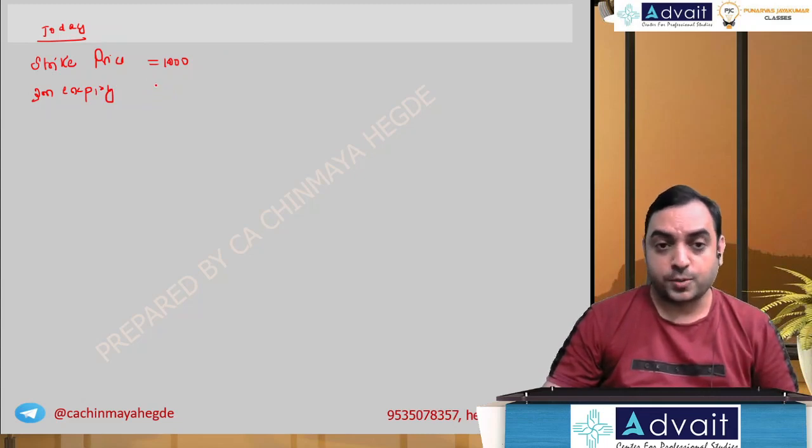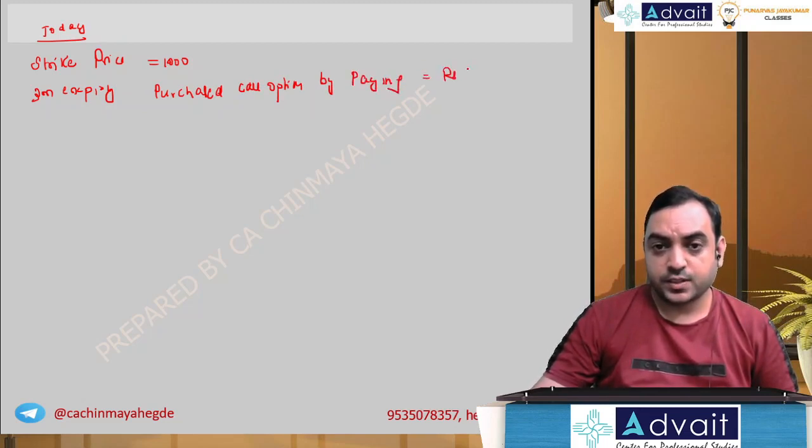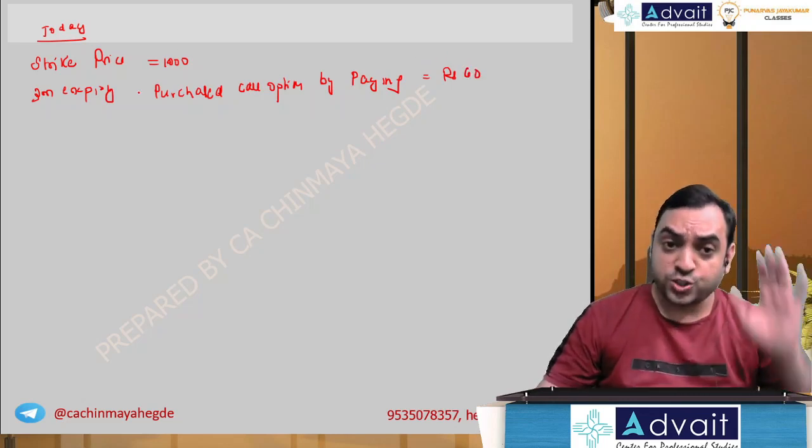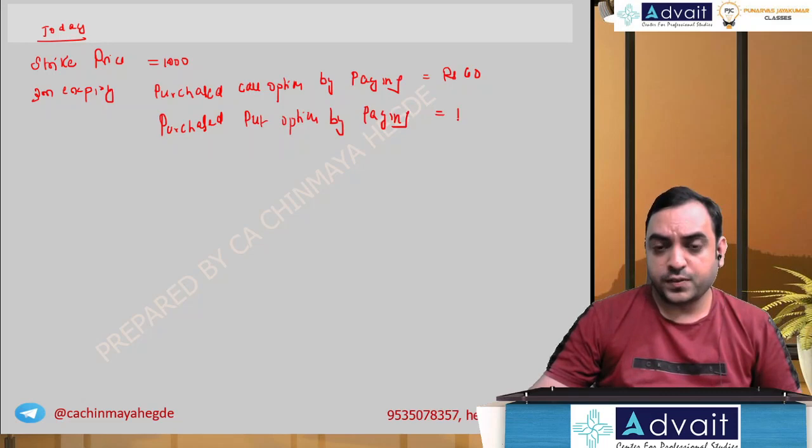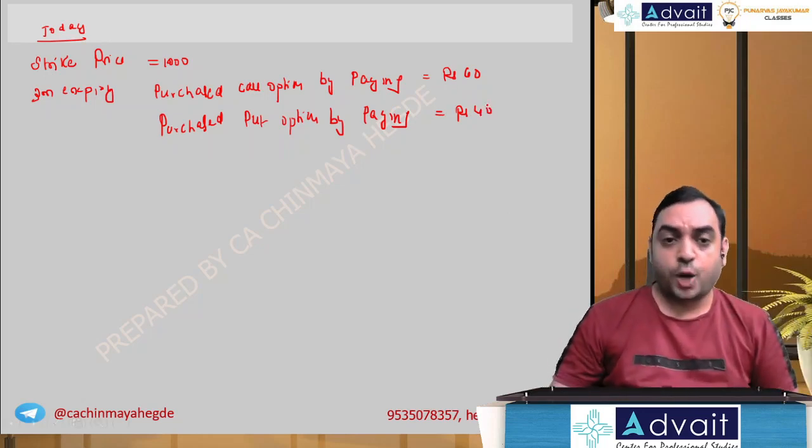You purchased a call option by paying, let's say, rupees 60, and you also became a put option holder. You purchased a put option by paying, let's say, rupees 40. You purchased a call option also, you purchased a put option also.